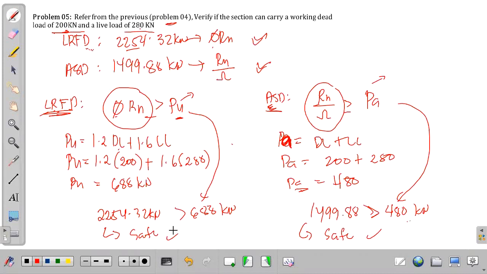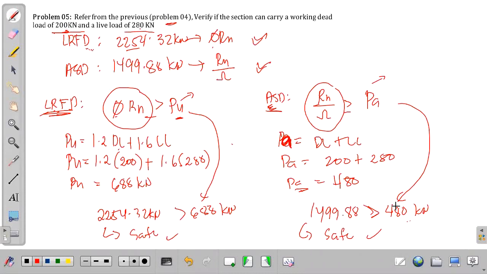So, in cases that your design tensile strength is lower than your ultimate load, your section is not safe to carry the actual load. So in design, you need to revise your section. The same with the ASD. If your allowable tensile strength is lower than your actual load, hindi safe yung section ninyo.